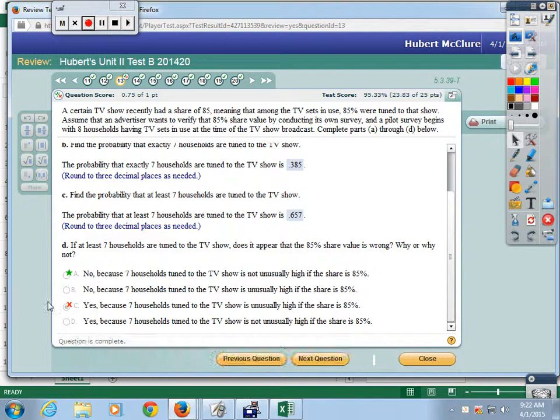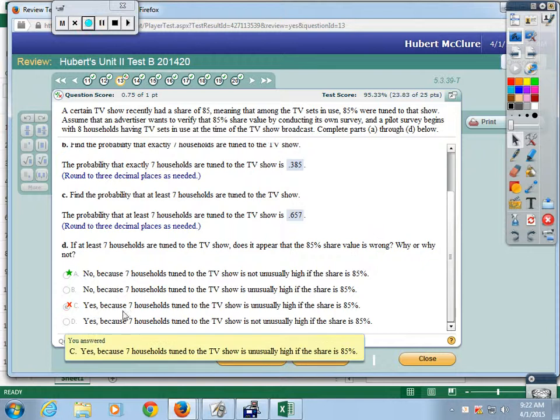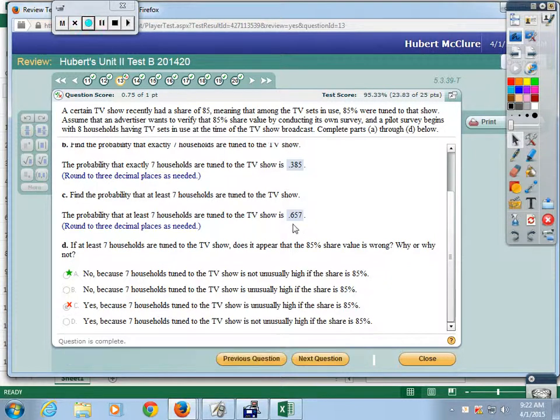I have no idea what they're talking about, and I guess I need to sit down and read it. But it says yes because 7 households tune to. Okay, well that's great. There's a 66% chance. I'm not going to worry about it.